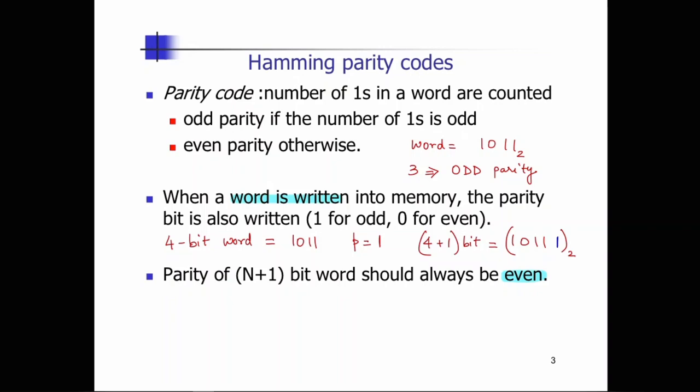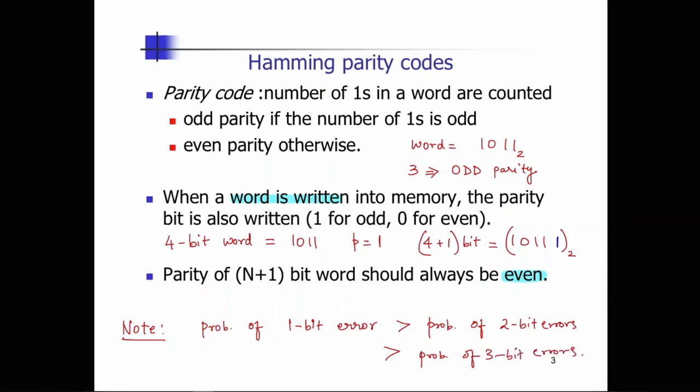But also note, and this is probably a very important note here, the probability of one bit being in error is going to be much greater than the probability of 2-bit errors, which is going to be greater than the probability of 3-bit errors, and so on.